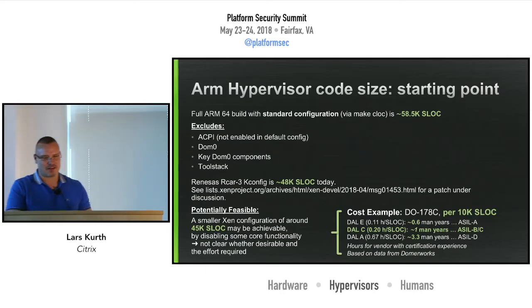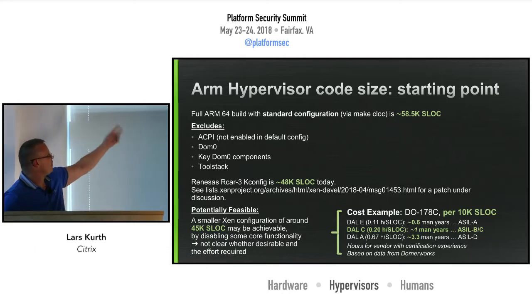Also, for safety certification, code size is really important. So on a full ARM64 build today, we have about 60,000 lines of source code that excludes DOM0 and everything in it.